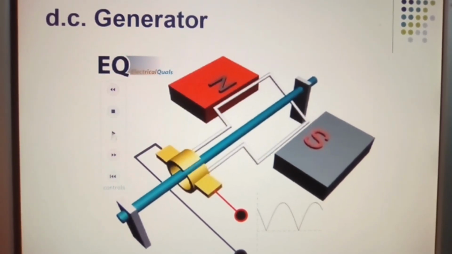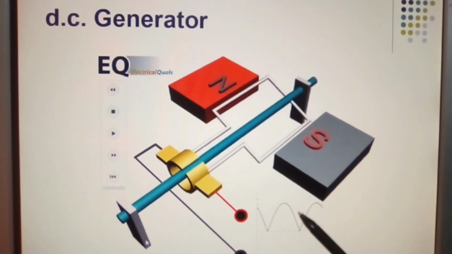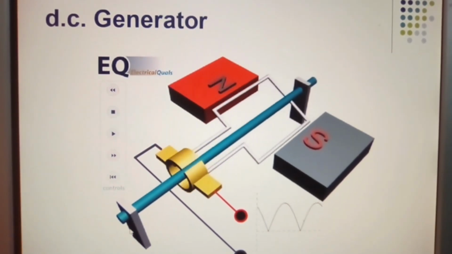Let me go to play. And there you are. You have positive and negative because you need to create a current flow, and that is your current flow output. Here is the waveform that's being produced by this single coil of copper wire.